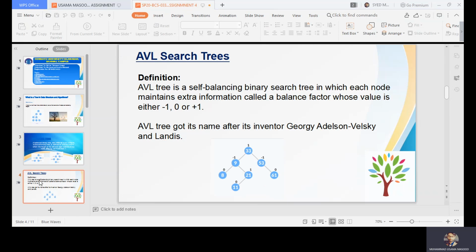AVL search trees got their name from their inventors, Adelson-Velsky and Landis. So what are AVL search trees?